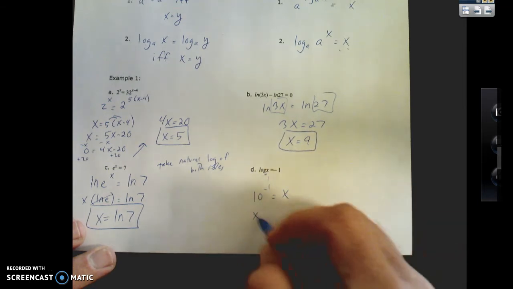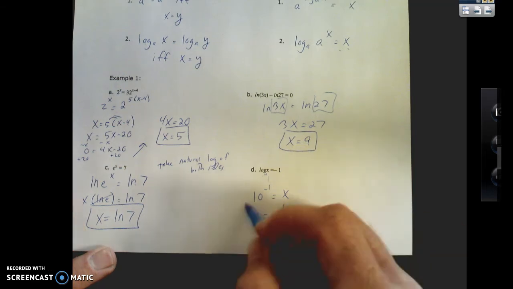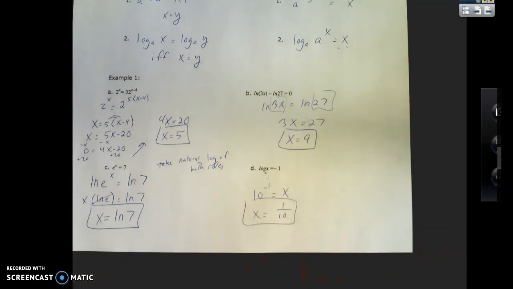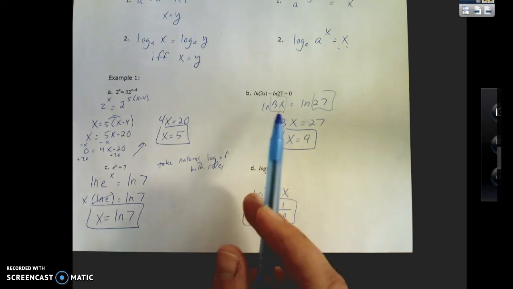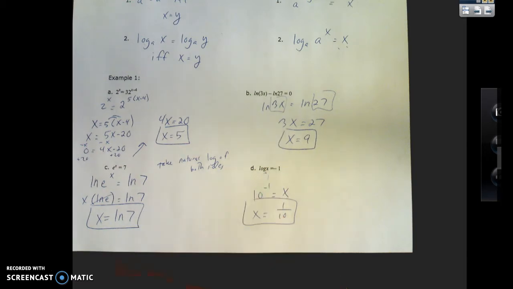Well, okay, my answer's already there for me. 1 over 10, negative exponent, you flip it. You're all set. So if you have a log and you want to rewrite it, just rewrite it in exponential form and things are going to work out real nice for you. But we can only do this when you only have 1 log. Notice how up here I had 2.